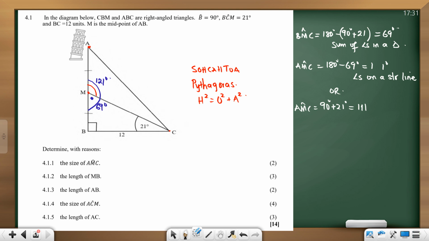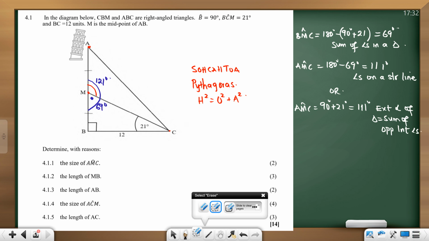And what would be that reason? Exterior angle of a triangle is equal to sum of opposite interior angles. What do I mean?